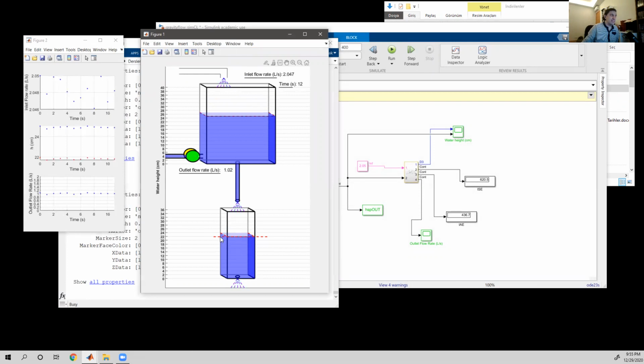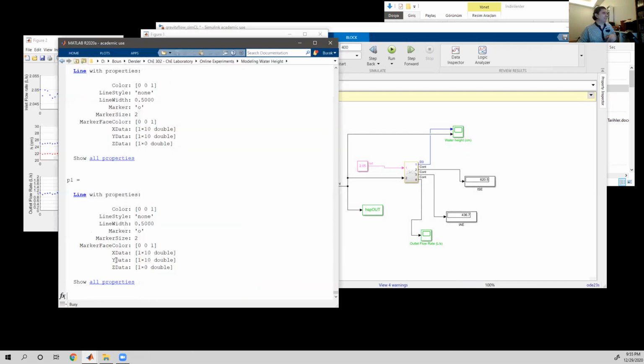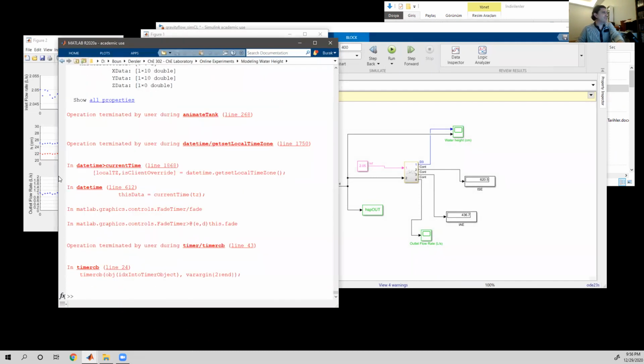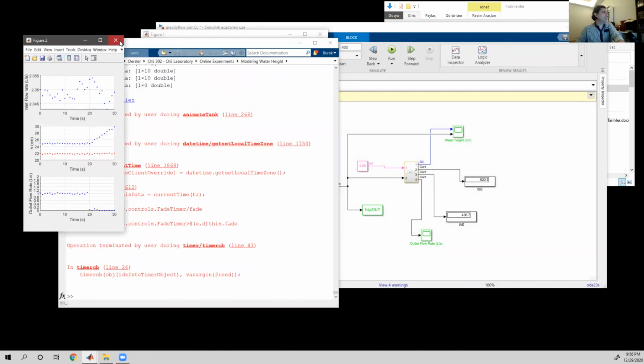But there's also, as you can see, a red line here. This shows the set point. For the first 20 seconds, the set point is equal to 22 centimeters. Now it's going to change. As you can see, it has changed by 2 units, right? Now it's here. Maybe it's better to show it by changing 3 units so that you can see the change more clearly. I think that's a better idea.